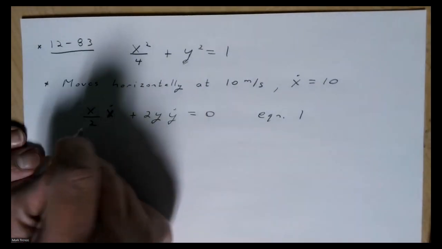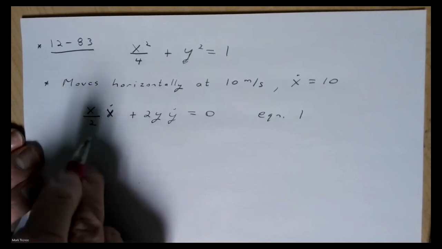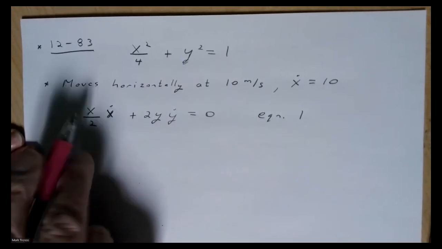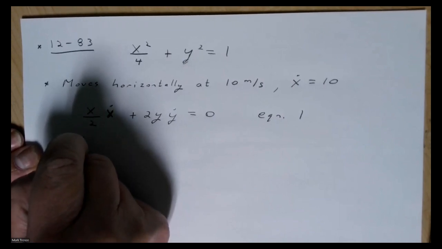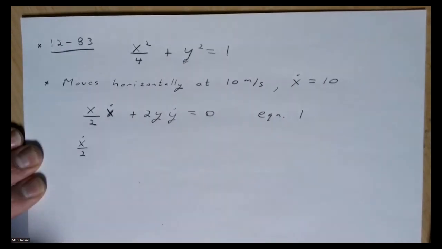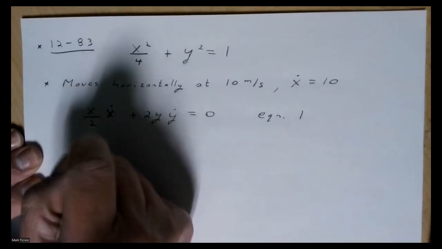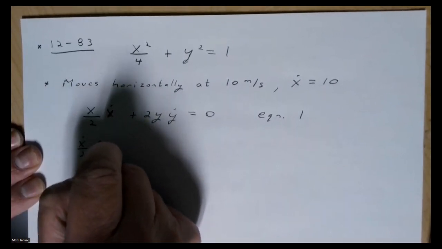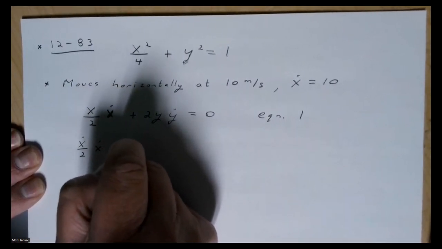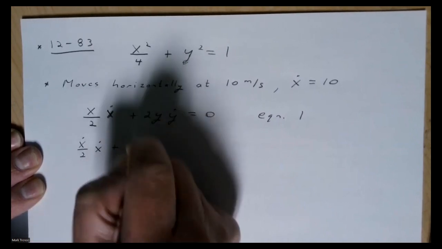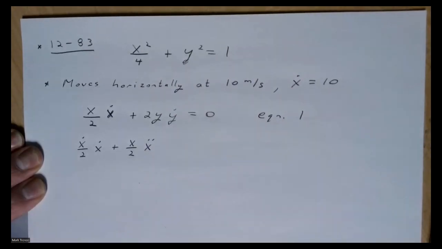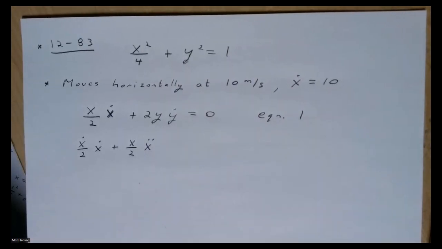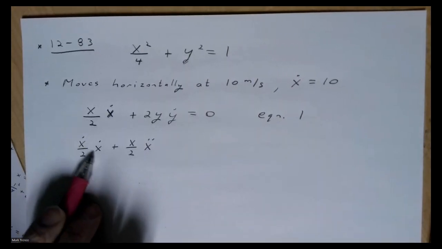Take another derivative. And now we have a product here. So the derivative of the first is going to be x dot over 2 times the second plus the first times the derivative of the second. And of course, we can write that as x dot squared.